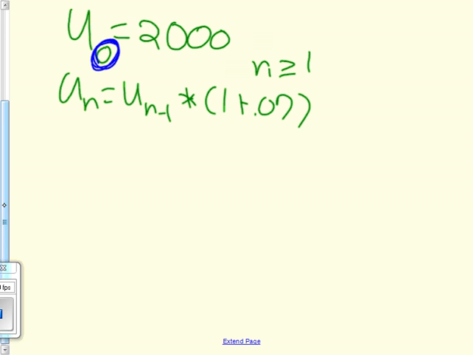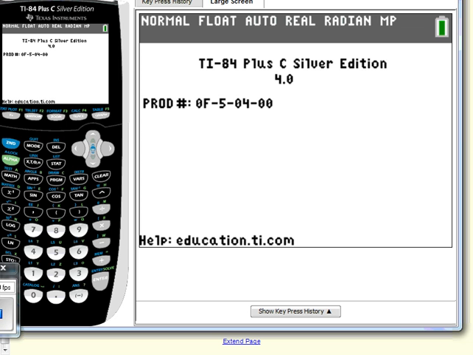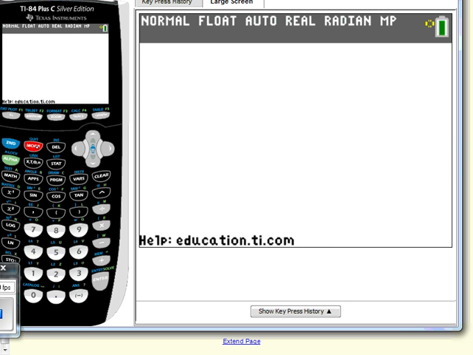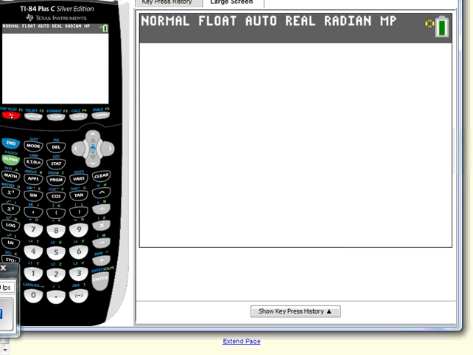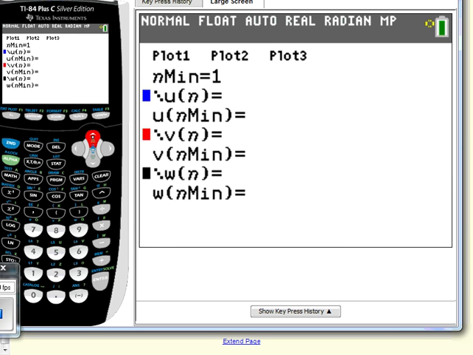So let's plug this into our calculator here. We'll pull that up. Make sure I'm still in sequence mode. All right. So jumping up here, we're going to set our n minimum equal to 0, because that's going to be a little bit easier.